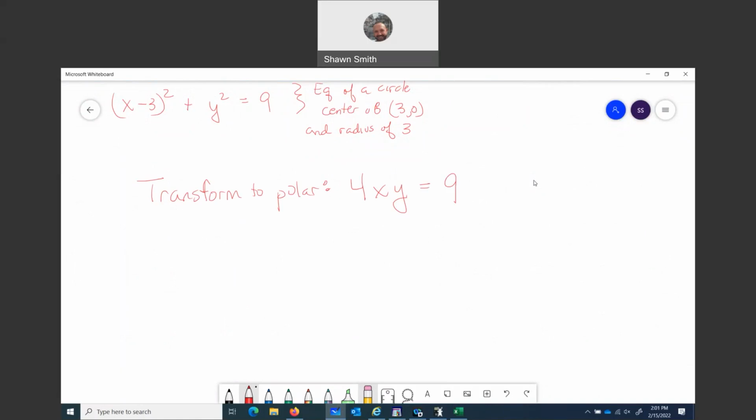We know what y is in terms of polar form. x is equal to r cosine theta. y is r sine theta. So just make those substitutions. 4 times r cosine theta times r sine theta is equal to 9.